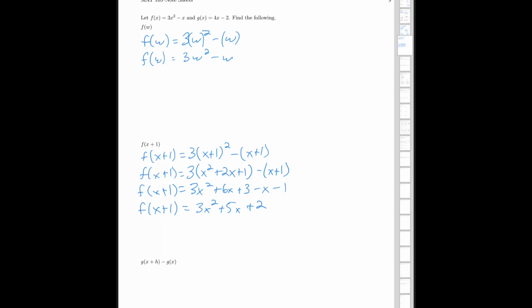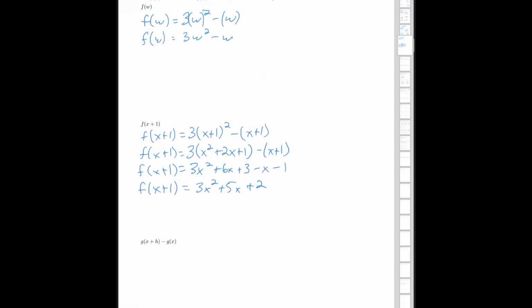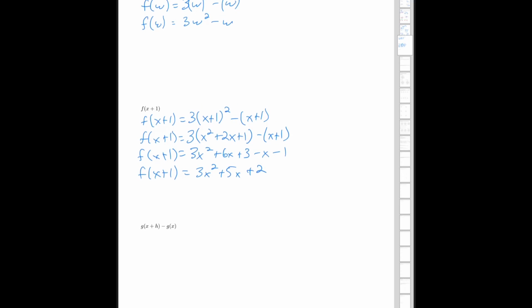And we can also substitute and then do operations. So for example, here I have g of x plus h minus g of x. So I can start by finding g of x plus h, which is 4 times x plus h minus 2. So g of x plus h is 4x plus 4h minus 2. And then I can find g of x, which we already know. g of x is 4x minus 2.